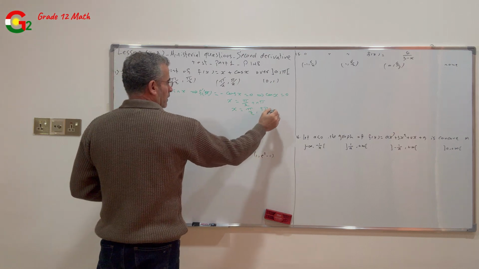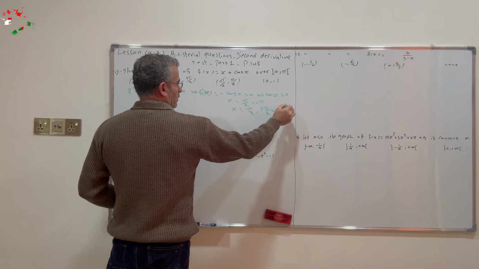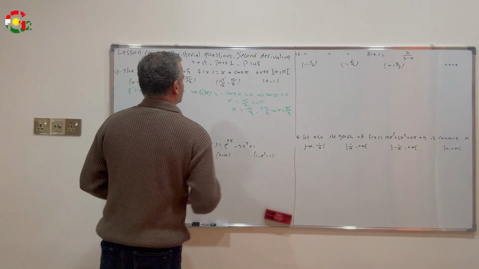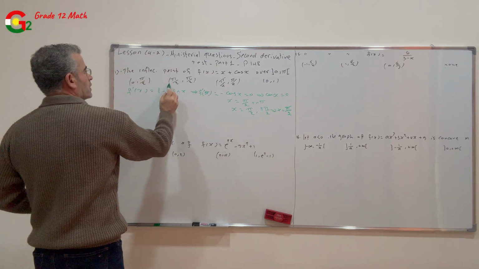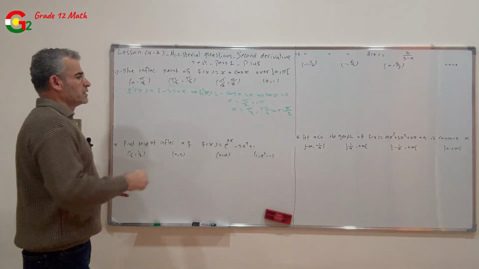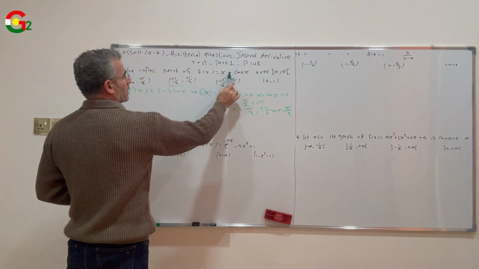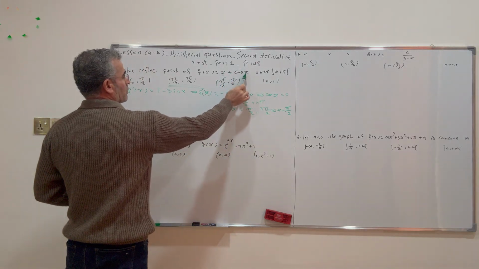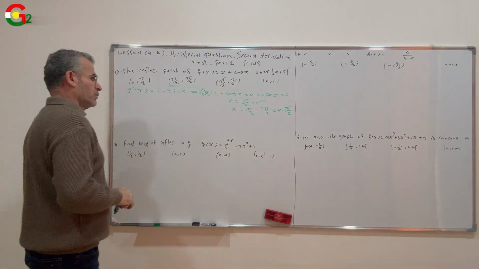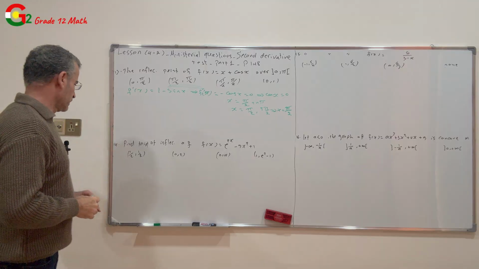Therefore, the only possible inflection point is x equal pi over 2. Choice B. If we substitute pi over 2 in the function, we find pi over 2 plus cosine pi over 2. Cosine pi over 2 is 0, then pi over 2 is an inflection point for this function.